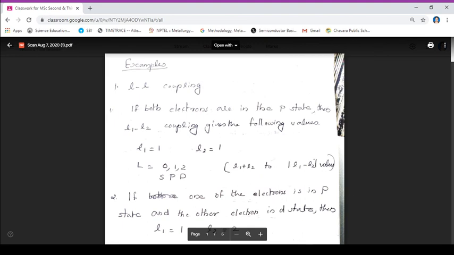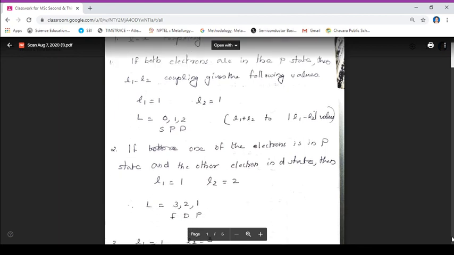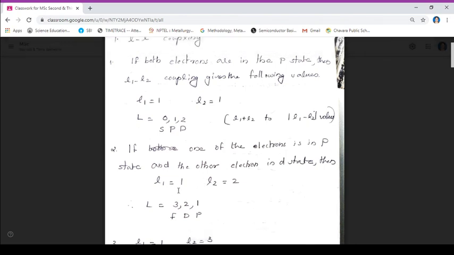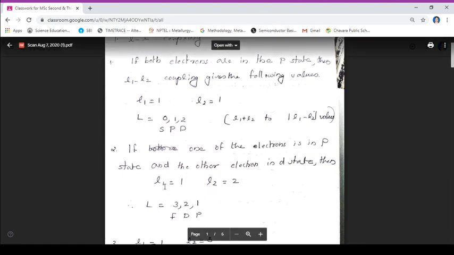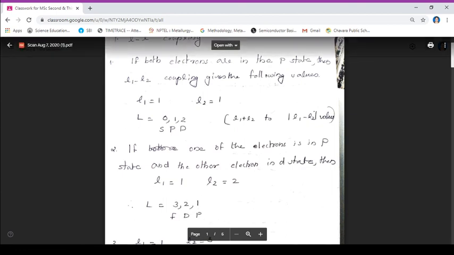If one electron is in the P state and the other in the D state, then L1 is equal to 1 and L2 is equal to 2. That means capital L will be 3, 2, 1. These are the possible values of capital L. L equal to 3 is the F state, L equal to 2 is the D state, and L equal to 1 is the P state.